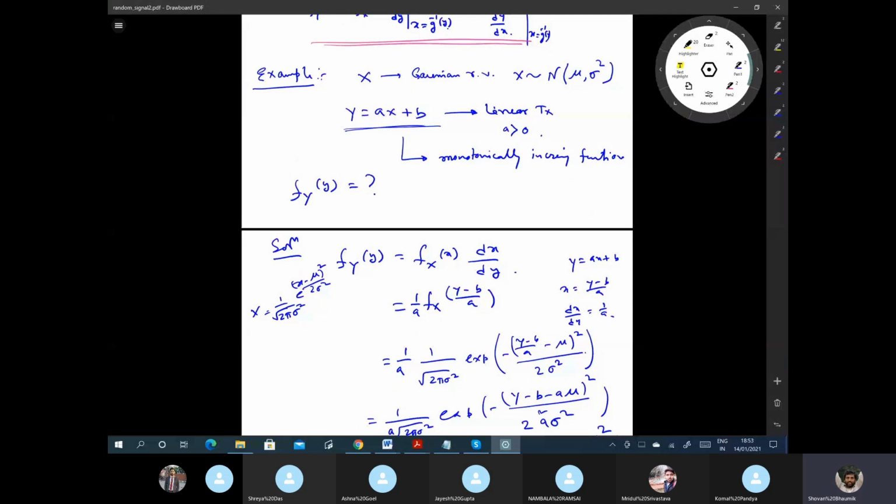This is a very useful interpretation whenever we look at how a Gaussian random variable behaves. If a Gaussian random variable goes through a linear transformation, it remains Gaussian, although its mean and spread change. That is a very beautiful property.